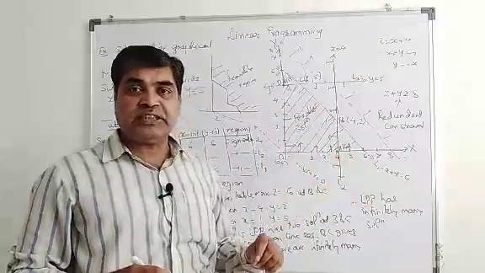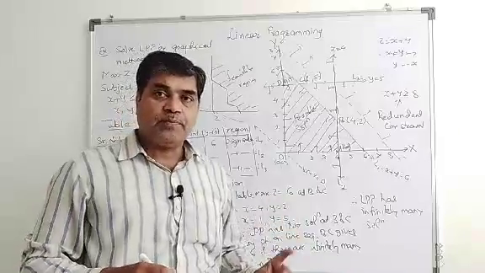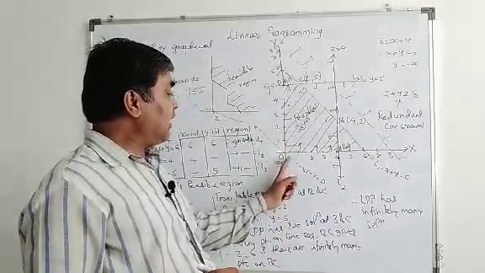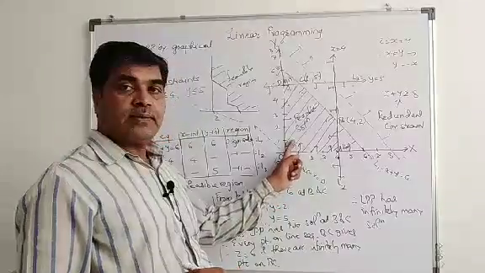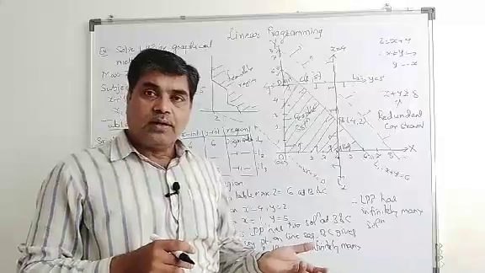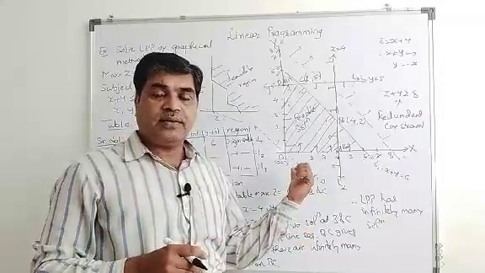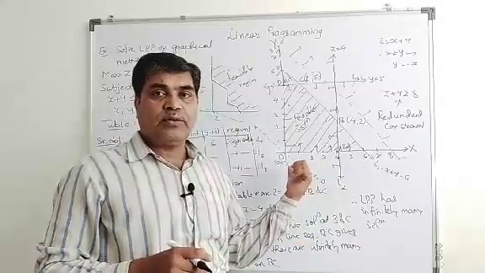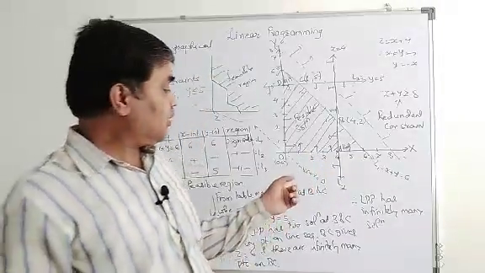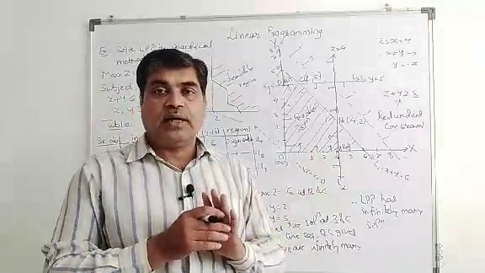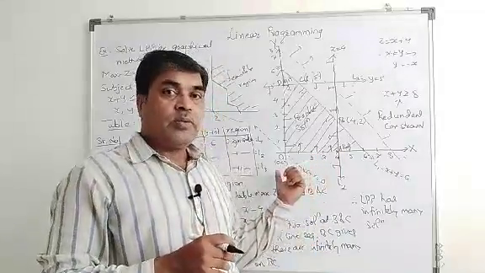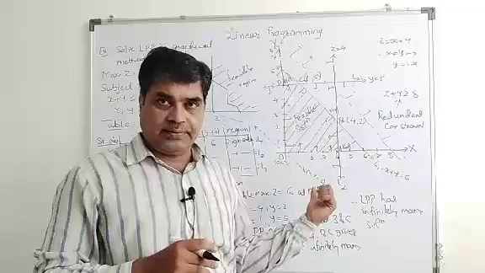In case of a minimization problem, you will observe that the minimized Z value is attained at the point the line touches firstly in the feasible region, or that point is very close to the origin with respect to that line. And for maximization, that point is at the longest distance from the origin with respect to that line.